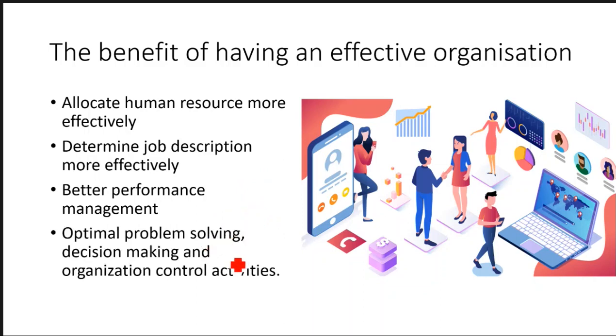And the last one: if there is a problem or a decision to make, the result will be very effective because the organization has created an effective system to make the organization perform its optimal activities.